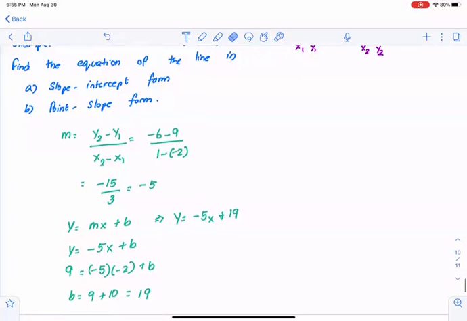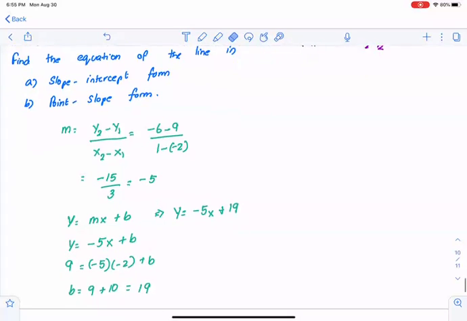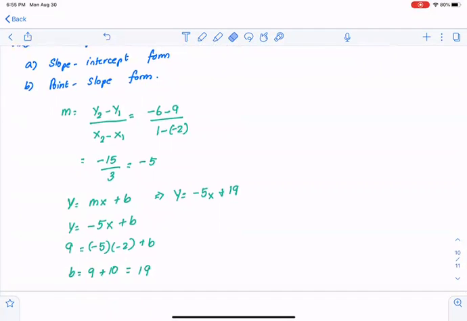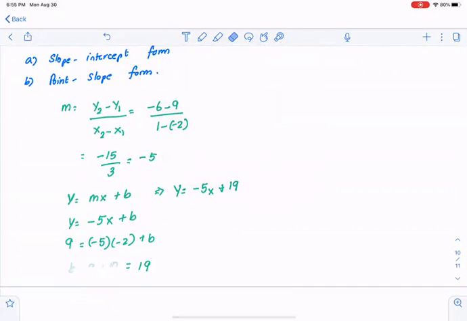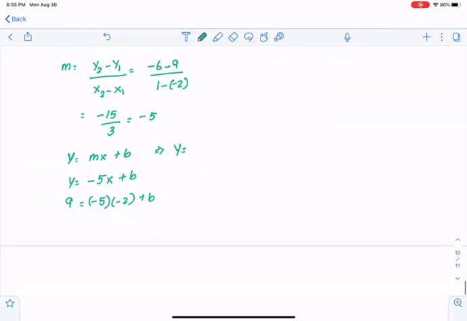I'm glad I made this mistake. So we have -5 times -2. When you multiply, you have +10. So this is actually 9 equals +10 plus b, which would imply 9 minus 10 equals b, and b is -1.